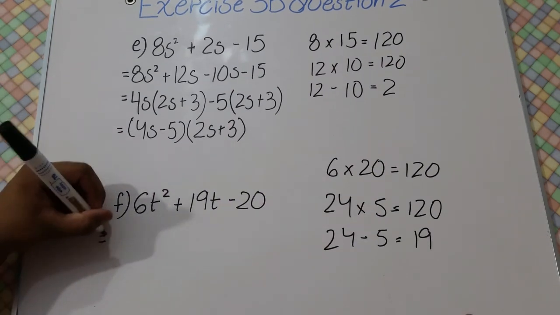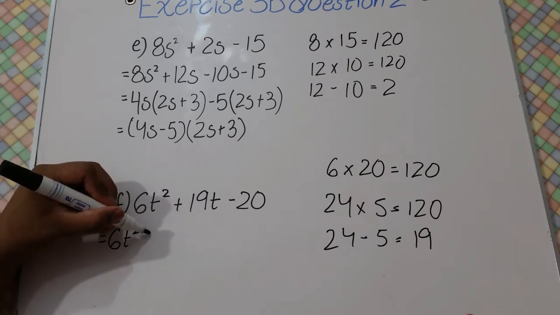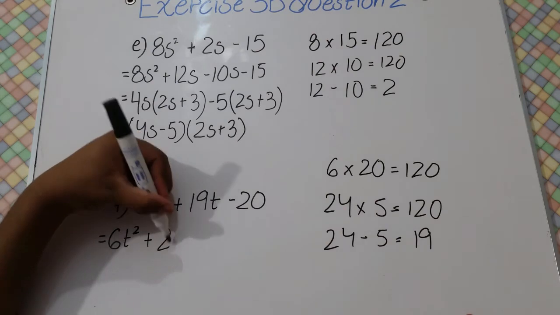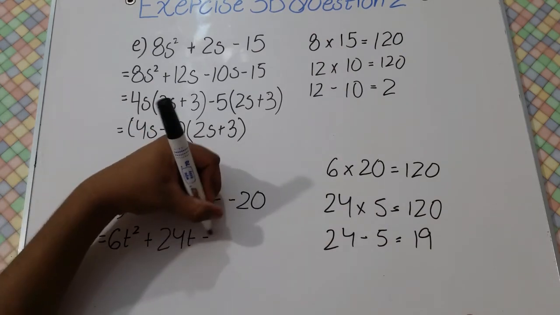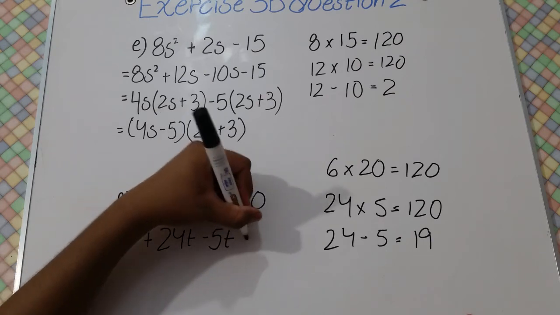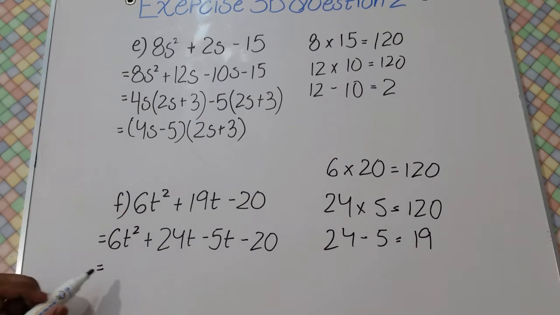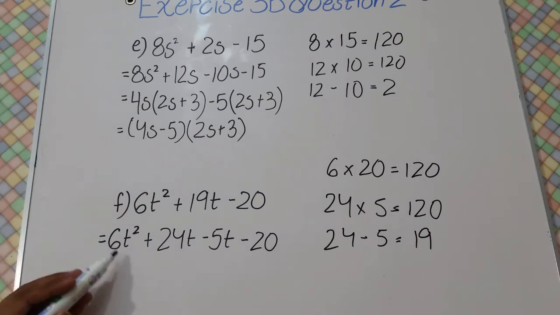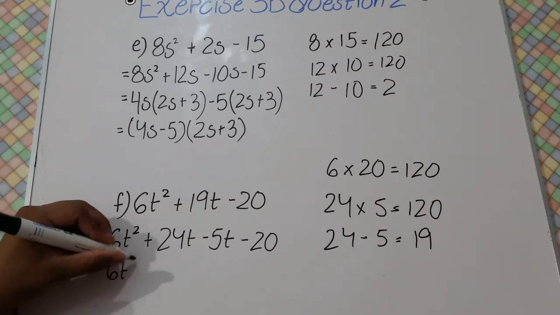Okay, so if I write 6t square plus 24t then minus 5t and minus 20, now we need to take the common, so it would be something like this, 6, because 6 is the common over here, and t.